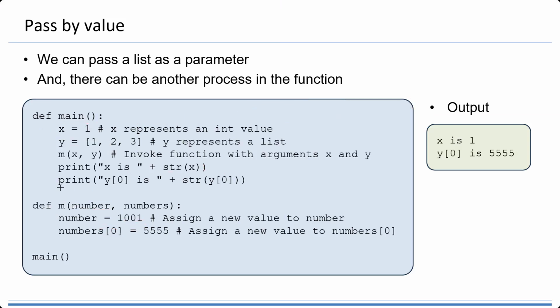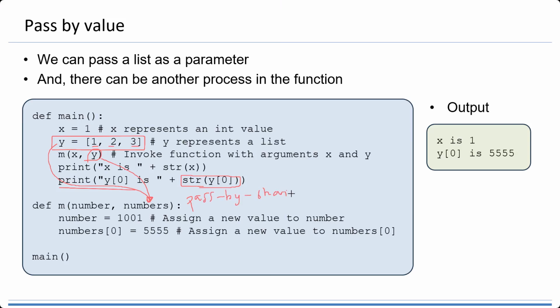However, when we want to print y index 0, originally it is [1, 2, 3]. After we call this function, we put y into numbers. So we have the pass by sharing. We call it pass by sharing.